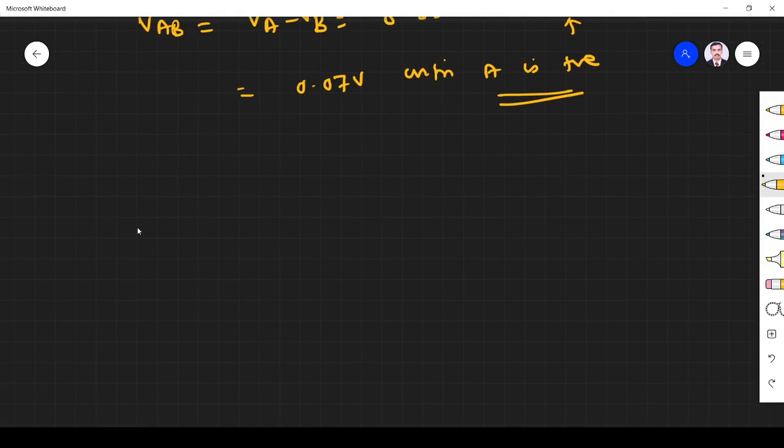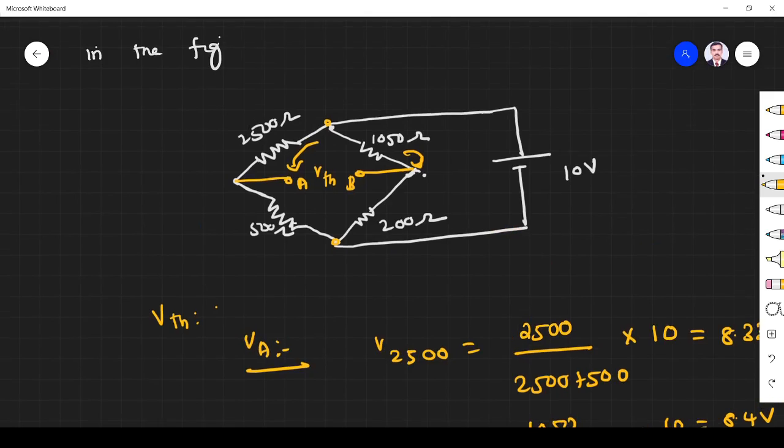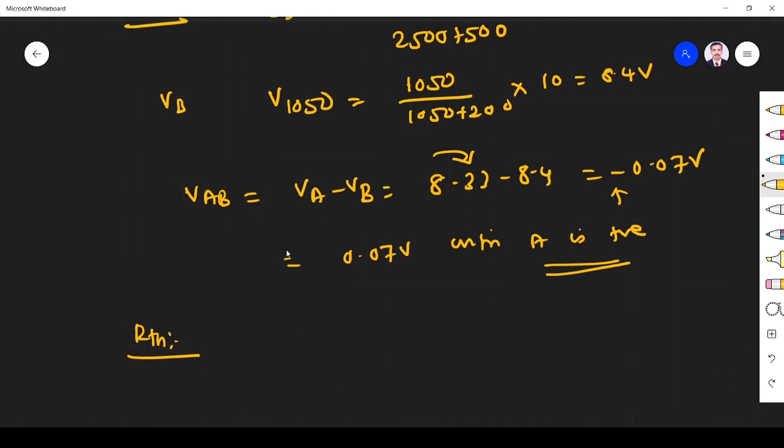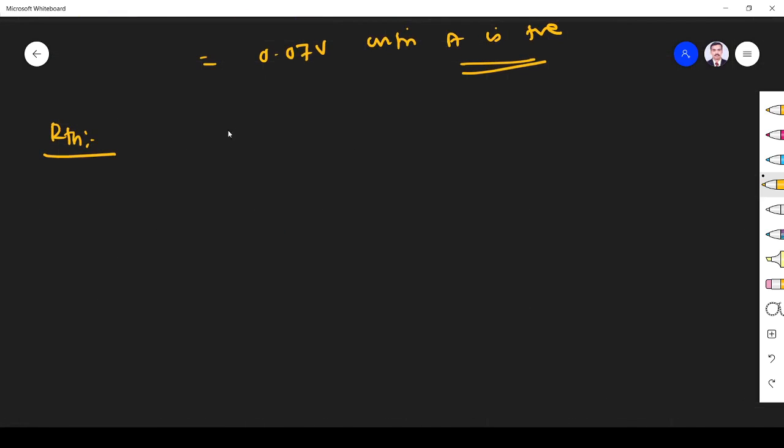And next what we have to find is RThevenin. For RThevenin, we have to replace the voltage sources by their internal resistance, so short it and redraw the circuit, right? And this is opened already. Okay, so if I redraw, the circuit becomes like this.